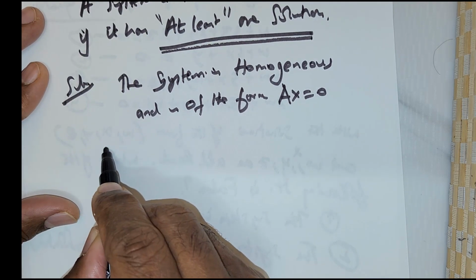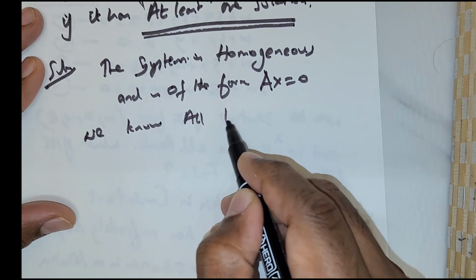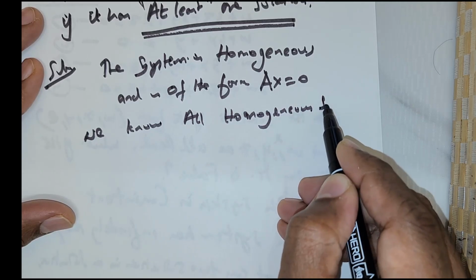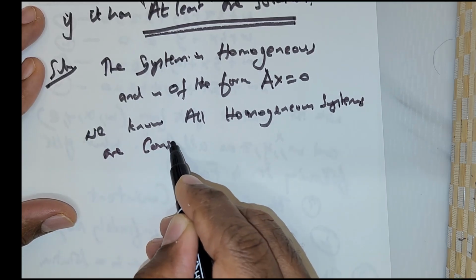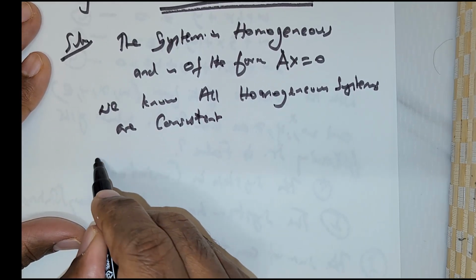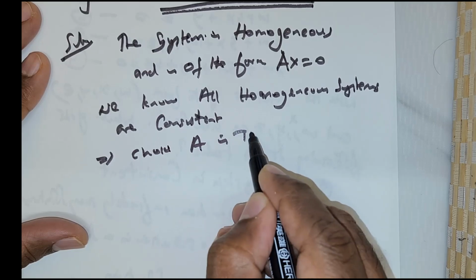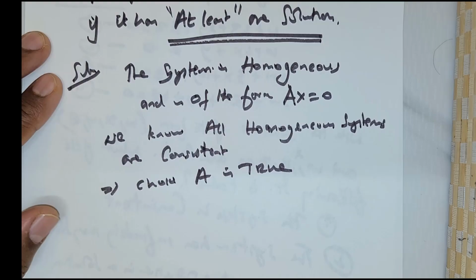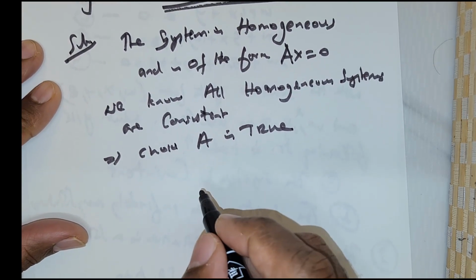So we know all homogeneous systems are consistent. Okay, so this means choice A is true, right? Now this is the additional concept information I'm giving.